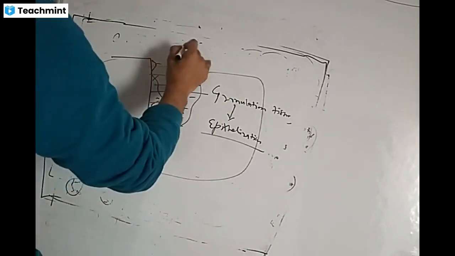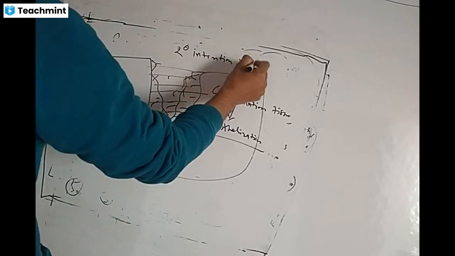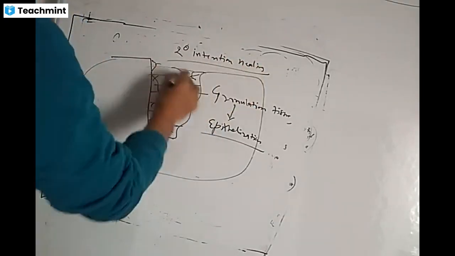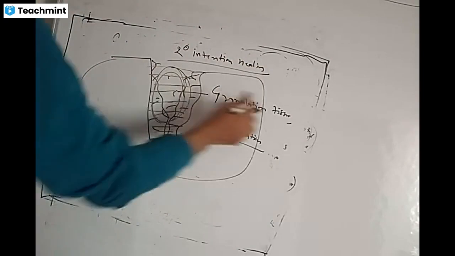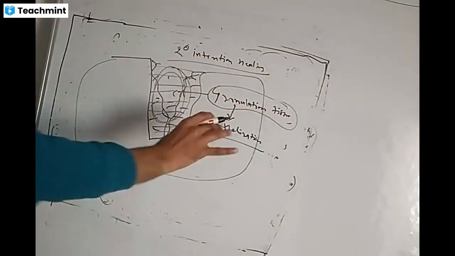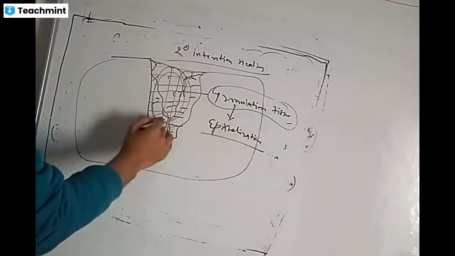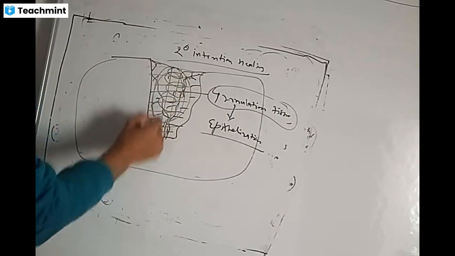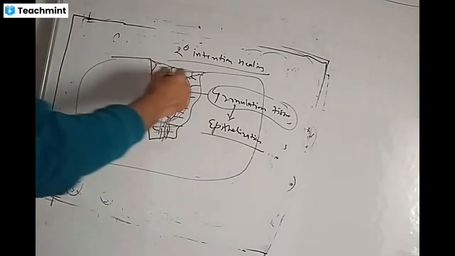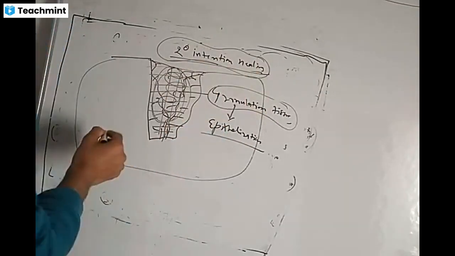This is known as secondary intention healing, where first we allow the gap to fill with bright red granulation tissue, and with epithelialization, when the edges come near to each other, we suture.